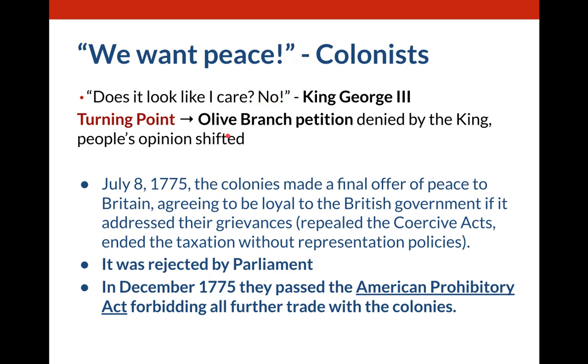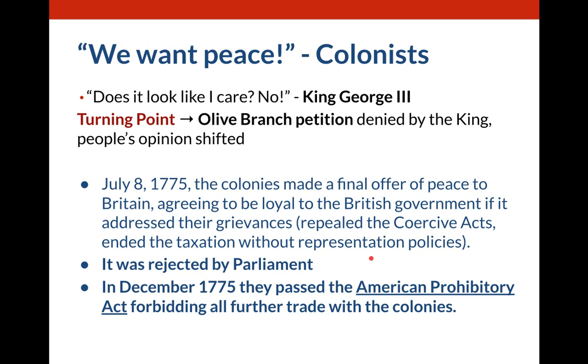We sent a letter to the king that was asking for peace. Look down here. On July 8th, 1775, the colonies made a final offer of peace to Britain, agreeing to be loyal to the British government if it addressed their grievances. If England took back or repealed the Coercive Acts and ended the taxation without representation policies.